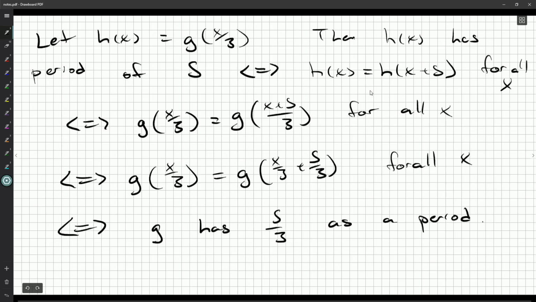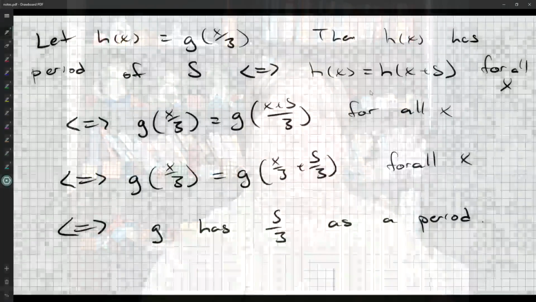So we get this nice back and forth between a period for this function gives you a period for this function. And so we want the least period s. Well, the least period of h equal to s should correspond to this least period of g, which is equal to t. And so s over 3 should be equal to t. Okay?